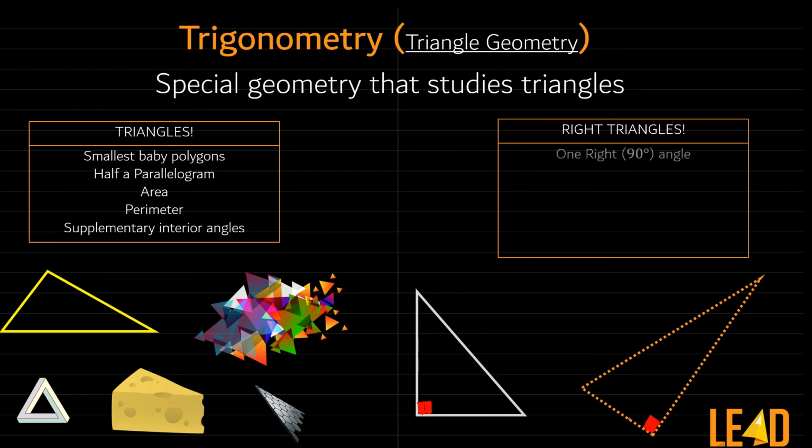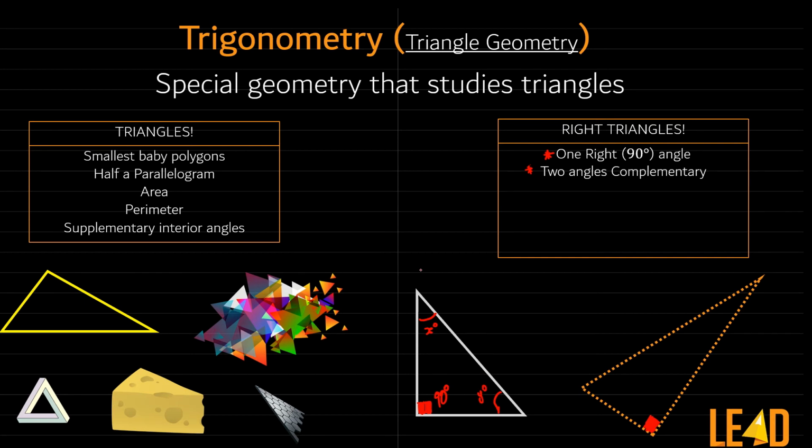The second property you would expect is that the other two interior angles are complementary. Complementary means that the angles add up to 90 degrees. And you would expect that because if all three angles should add up to 180 degrees, and this is 90 degrees, then what you have left for the other two angles here is 90 degrees. So x plus y must be 90.